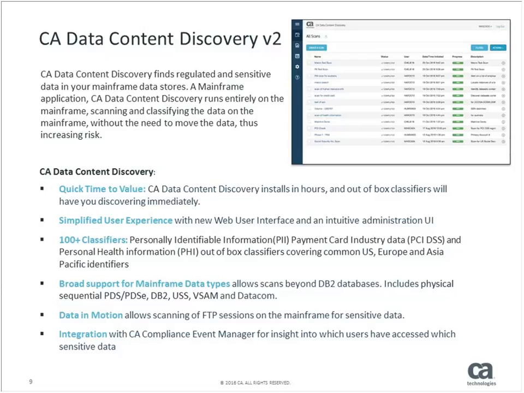We also can scan not only data at rest, which is sort of the bulk of what must be scanned, we can also do data in motion as we're providing FTP, allowing you to scan the data sets that are being transferred within FTP to give you some awareness of when sensitive data is being moved around or migrated off the mainframe. And of course, this is fully integrated with CA Compliance Event Manager, so you can actually marry what is sensitive data with who has access to that.